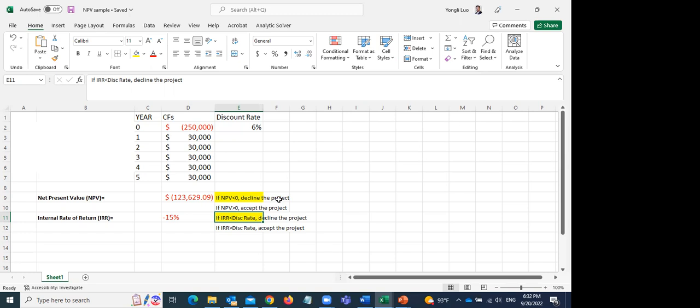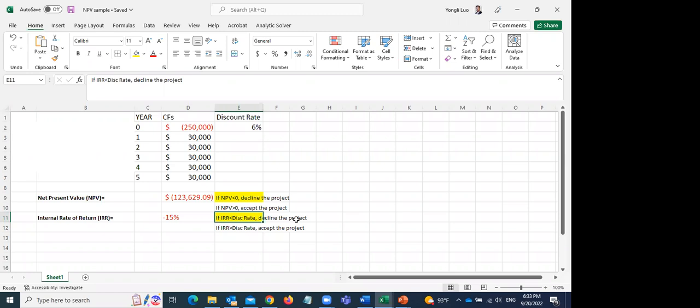Alternatively, we use the internal rate of return, and the internal rate of return is negative 15%. So the internal rate of return is less than the 6% discount rate. So we decline the project too, because the IRR also suggests that we should decline the project.